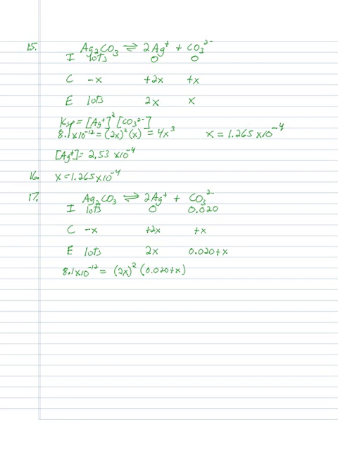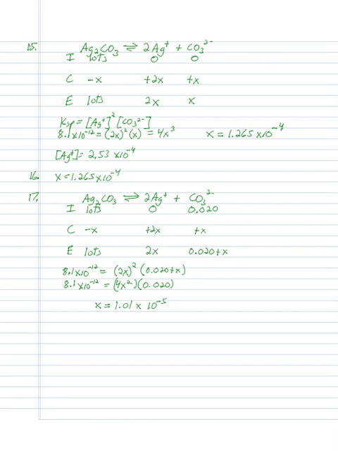So anywhere I'm adding or subtracting an x, we're going to just throw out that x because it's not going to affect the number it's being added to or subtracted from. So this becomes 8.1 times 10 to the minus 12 is equal to 4x squared times 0.020. When we solve for x, we get a value of 1.01 times 10 to the minus 5.